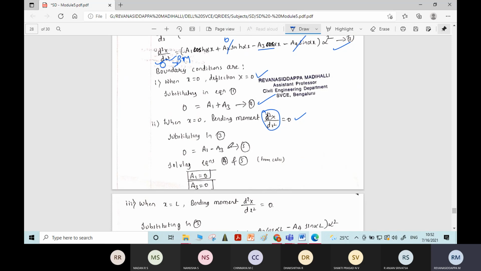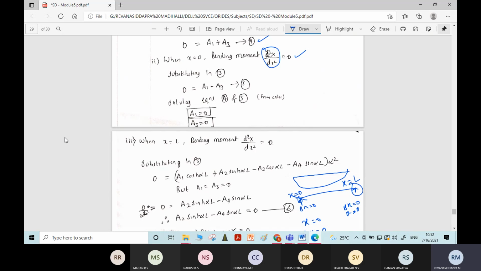These are linear equations with two unknowns a1 and a3. If you solve both the equations, finally you get a1 equal to 0 and a3 equal to 0.